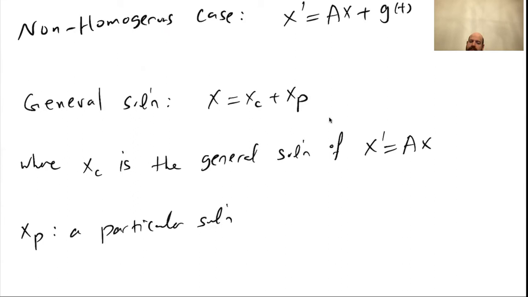And how can we find the particular solution? Well, how did we find the particular solution in the case of, let's say, a single ODE? Well, we could use undetermined coefficients or variation of parameters. And again, both these methods can be applied here as well.